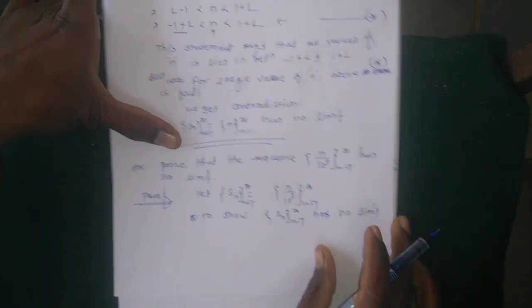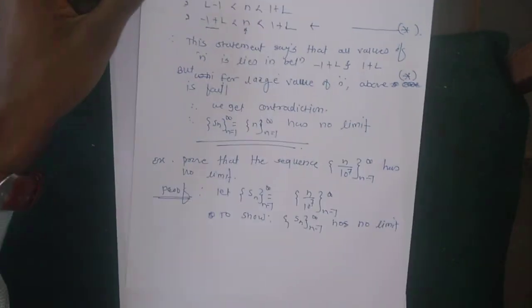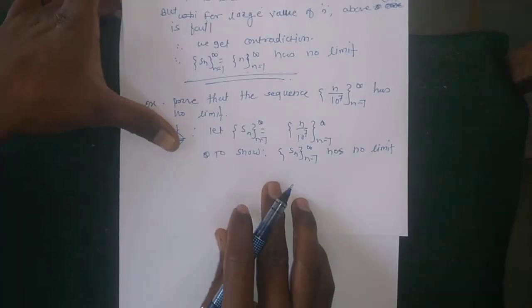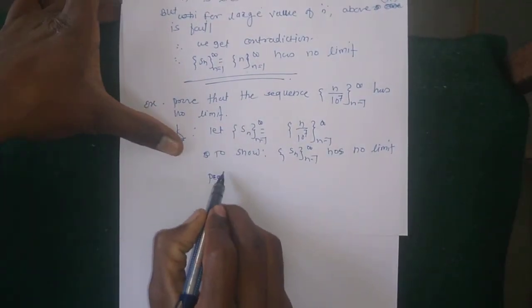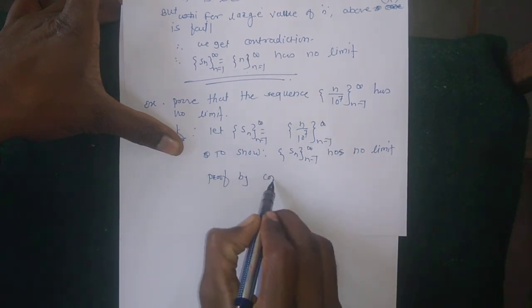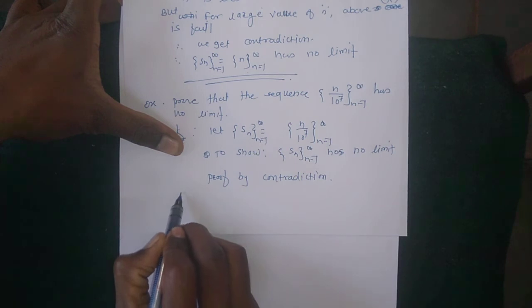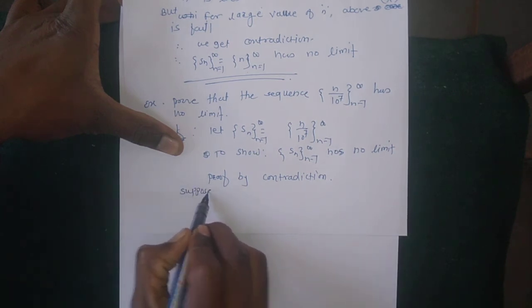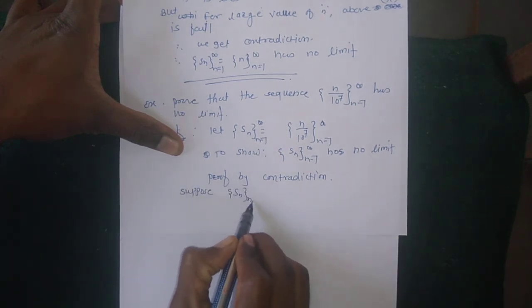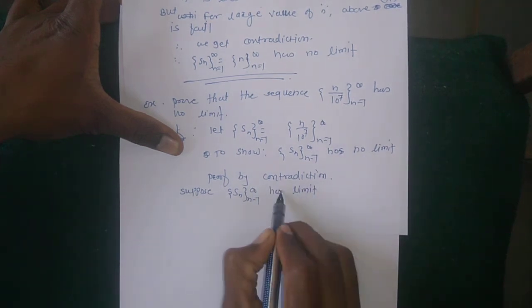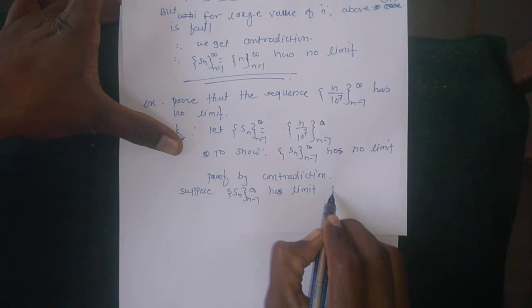How to show? Proof by contradiction. Again in a similar way, proof by contradiction. Suppose that sequence Sn has a limit, L.